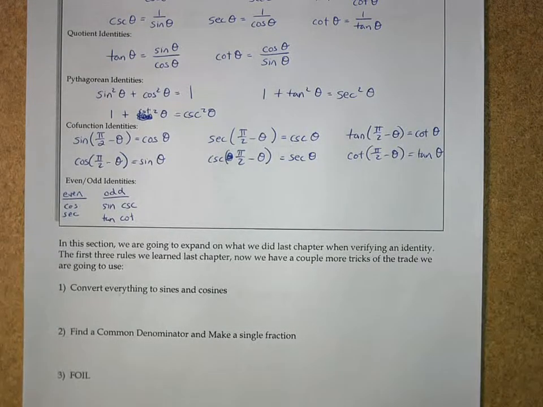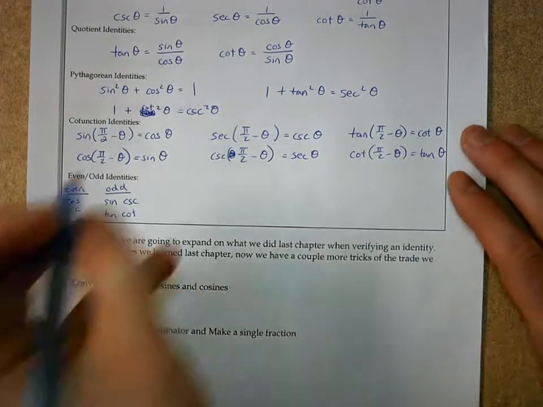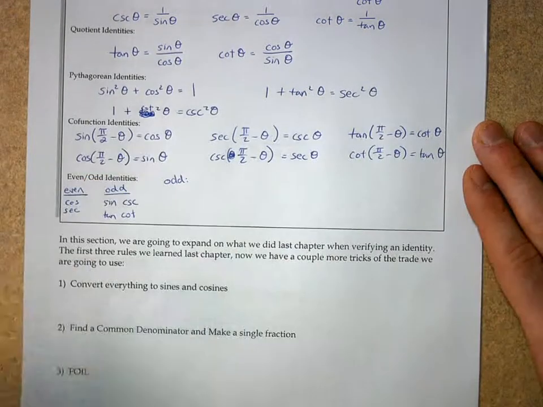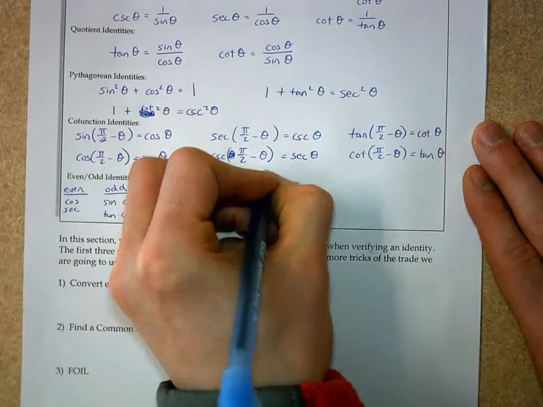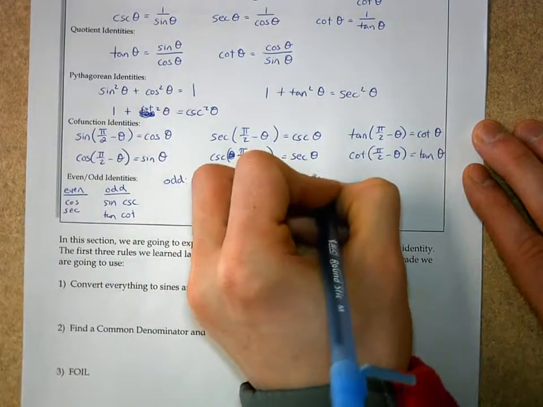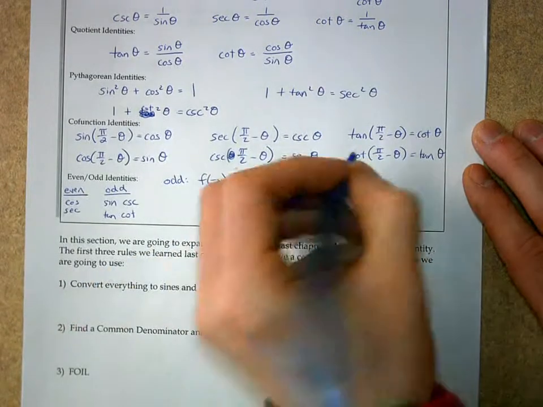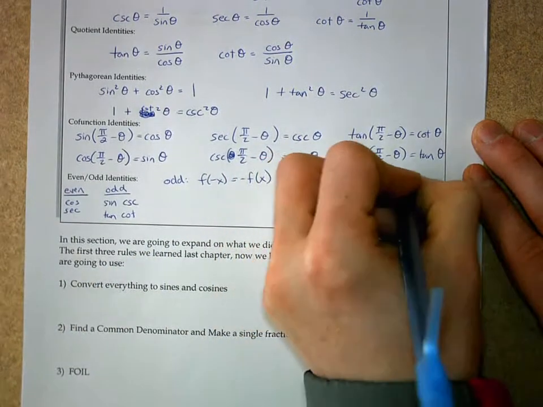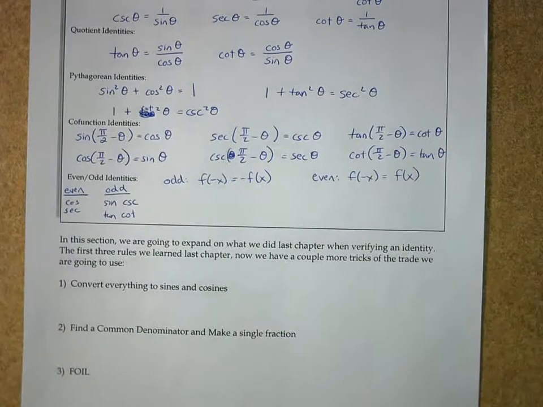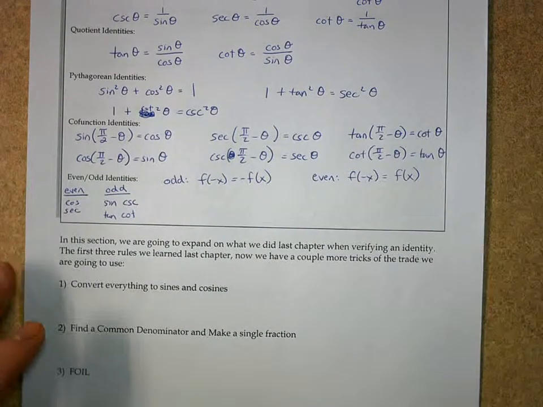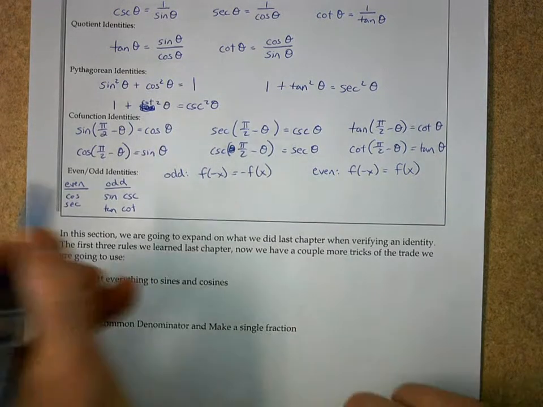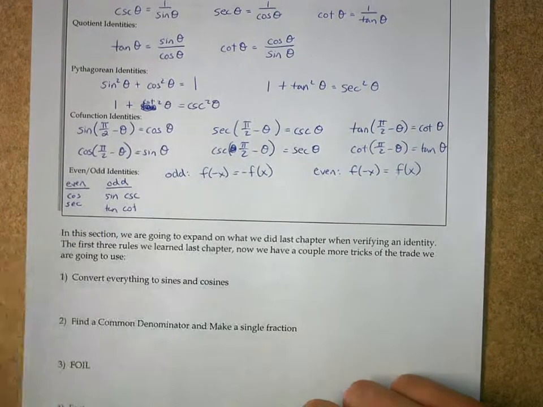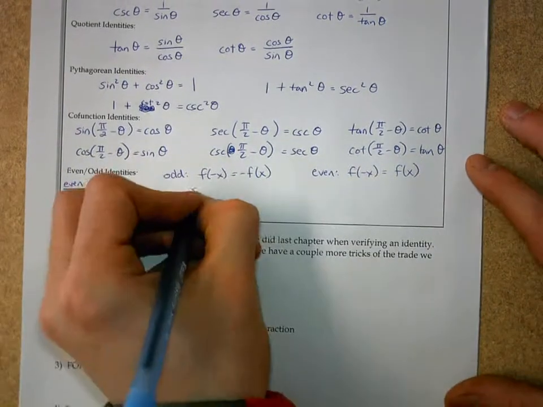So if I wanted to write those in an identity format, I know that my odd function follows the format f of negative x equals negative f of x, and my even function format is f of negative x is equal to f of x. So I'm just going to follow that pattern, but instead of x's, I'm going to have sine, cosine, tangents, and so forth.